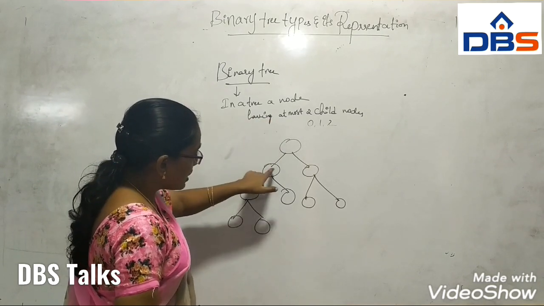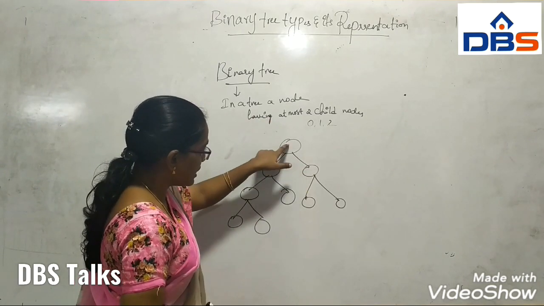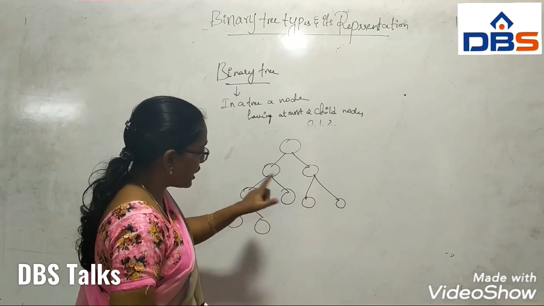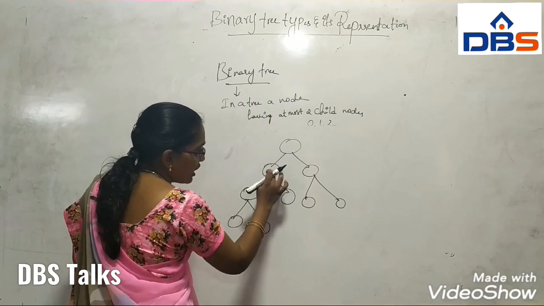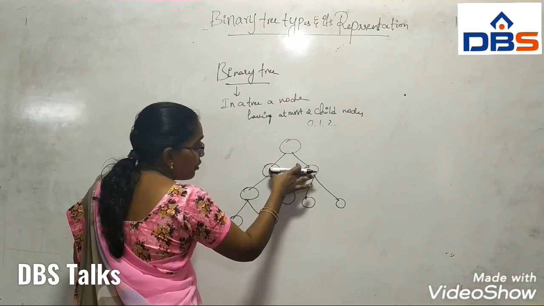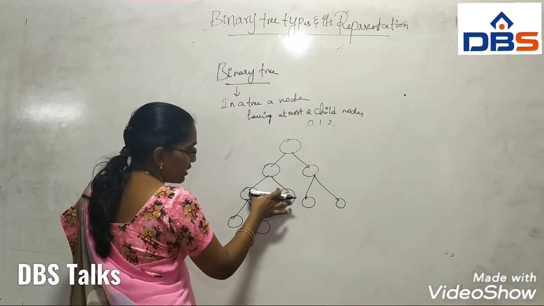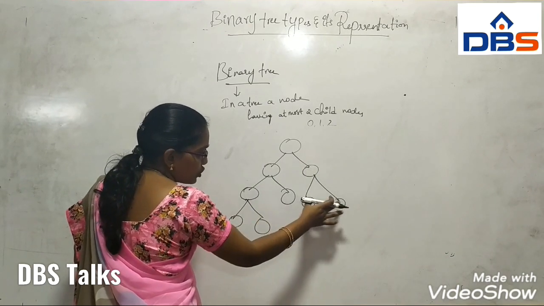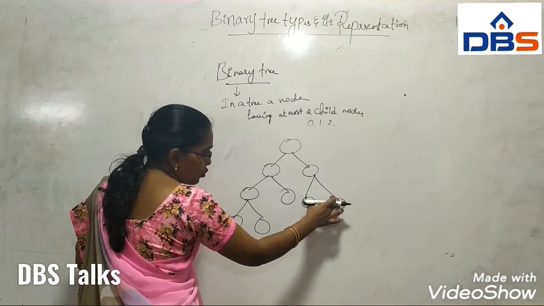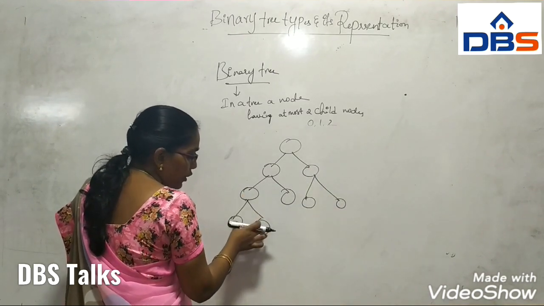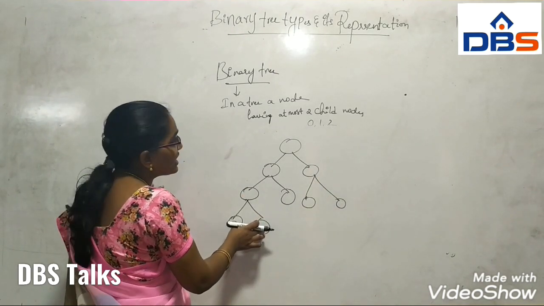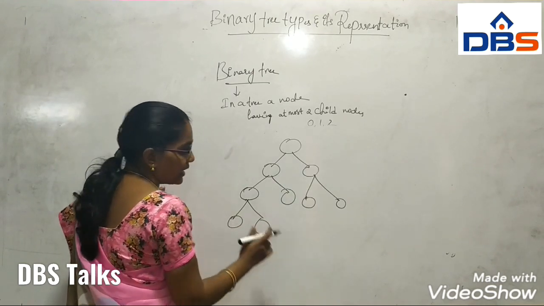For this root node, these are the child nodes, and for these nodes, these are the child nodes. For each and every node, they have at most 2 child nodes. For these nodes also, we have 2 child nodes. For this node also, we have 2 child nodes. So we can say this one is a complete binary tree.